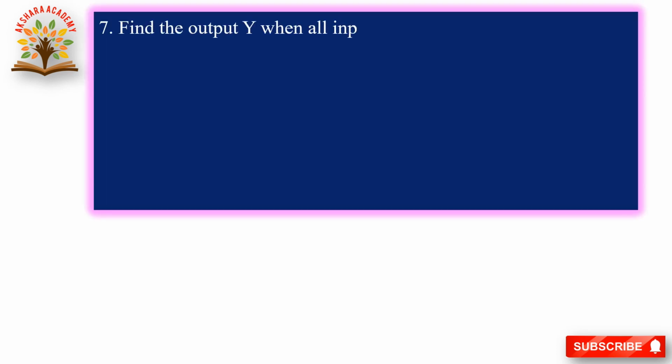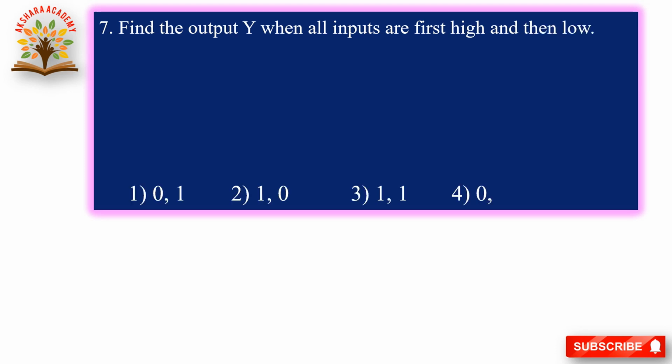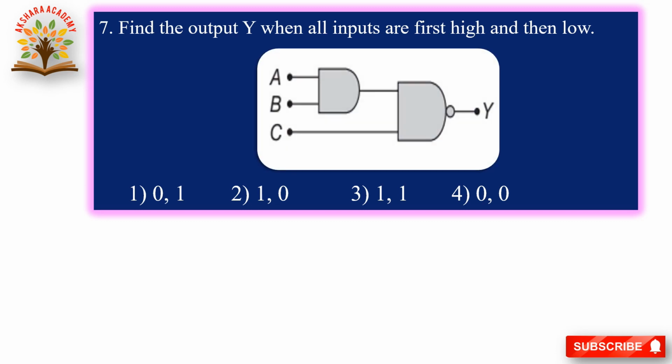Find the output Y when all inputs are first high and then low. See this figure here. Suppose we take 1 comma 0 here and here also 1 comma 0, and here 1 dot 1 is equal to 0, or 0 dot 0 is equal to 1.